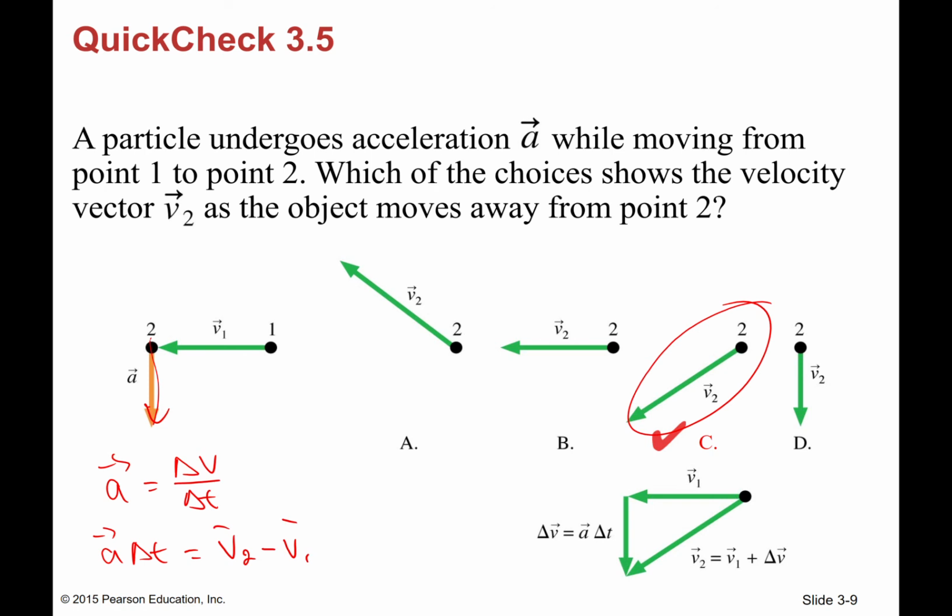This is delta v. Then we want to find v2, so we're going to write that v2 is equal to v1 plus a delta t. So our vector v2 would be a vector that goes from here to here in this direction, so it's got to be that vector.